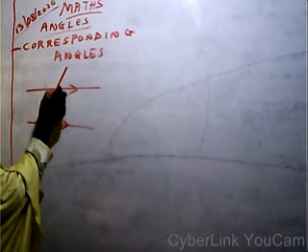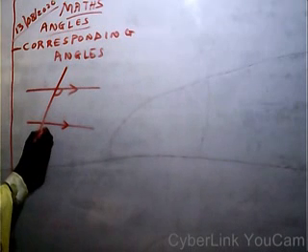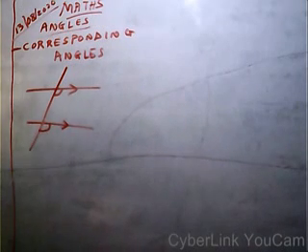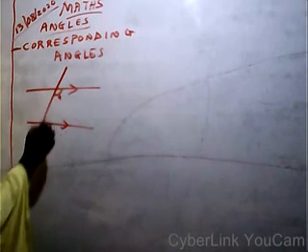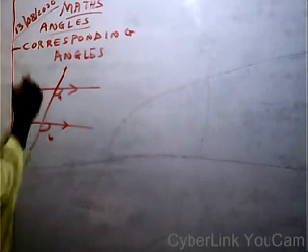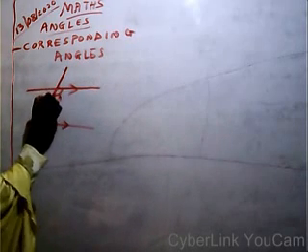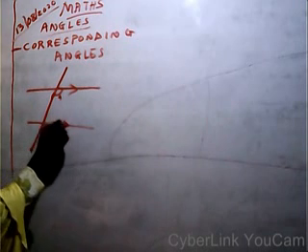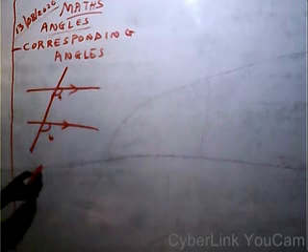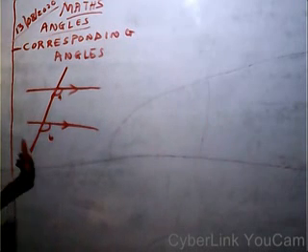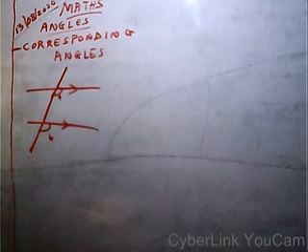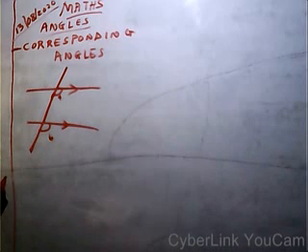This angle is equal to this angle. Can you see it looks like the letter F? Angle A is equal to angle B. And as I said when I was telling you about alternate angle, your shape can be formed in any way.